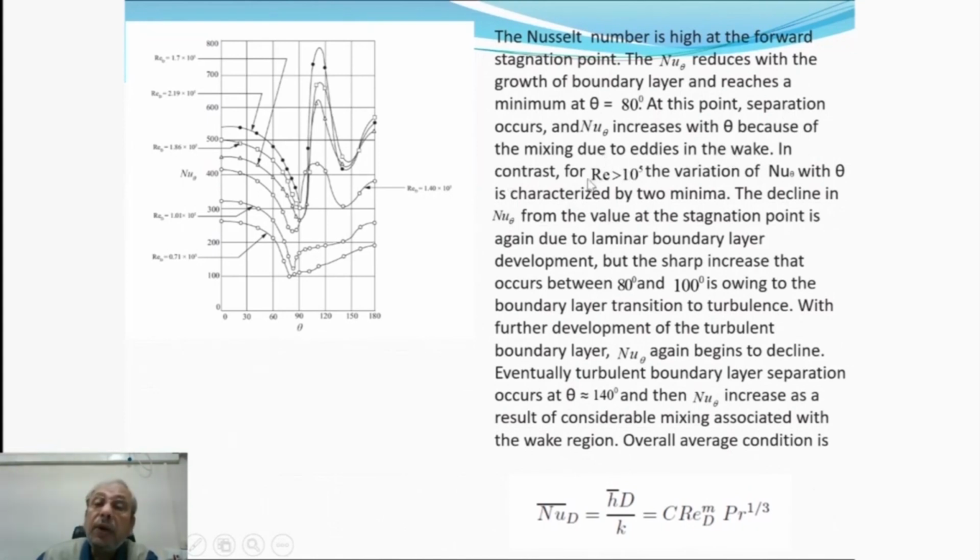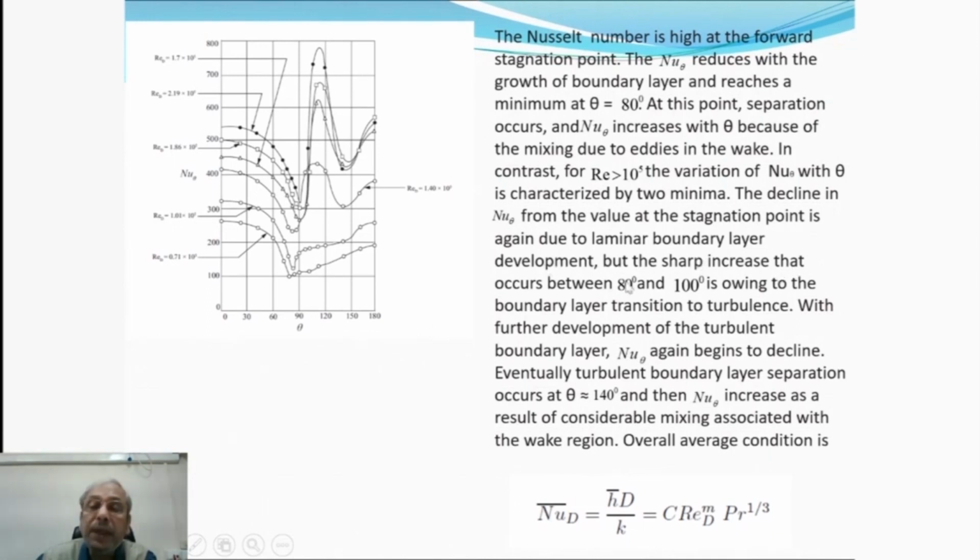Now, for Reynolds number greater than 10 to the power 5, the variation of Nu theta with theta is characterized by two minima. The decline in Nu theta from the value at the stagnation point, coming up to the first minimum, is again due to laminar boundary layer development.